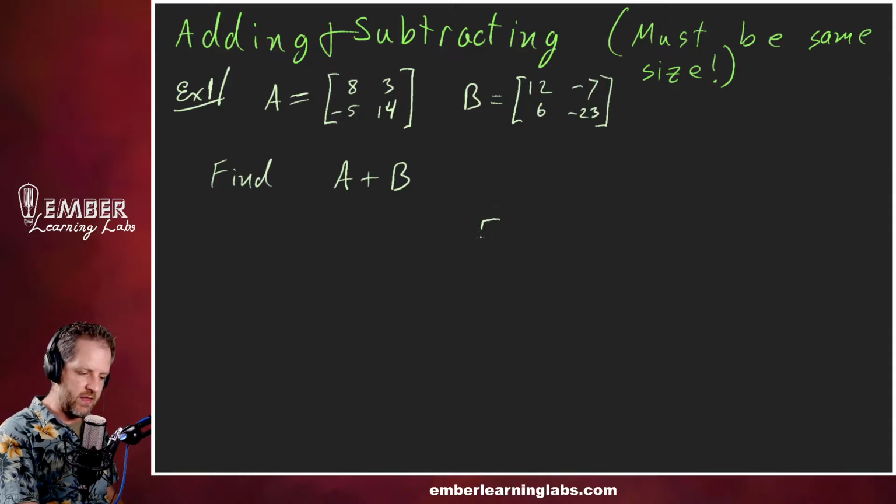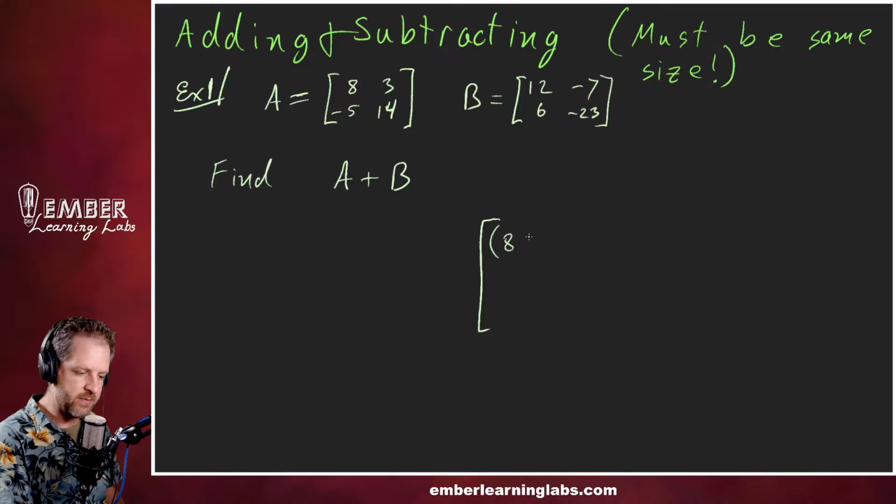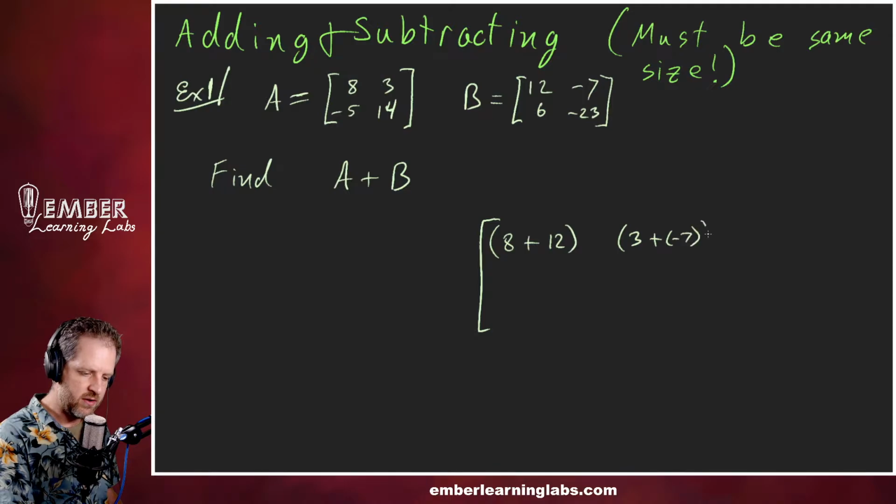So we would add 8 plus 12, then 3 plus -7, then -5 plus 6, and then the last one would be 14 plus negative 23.